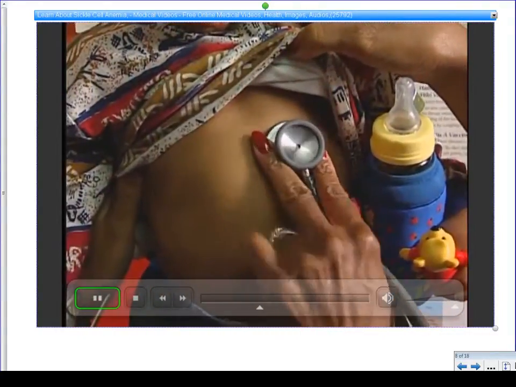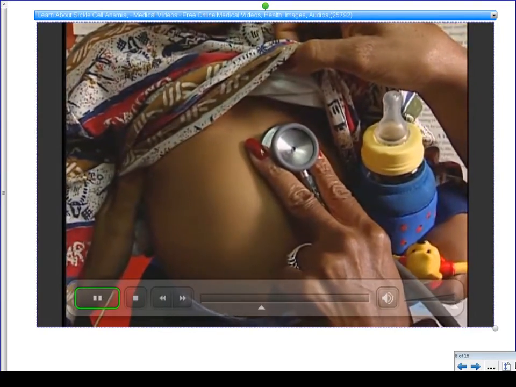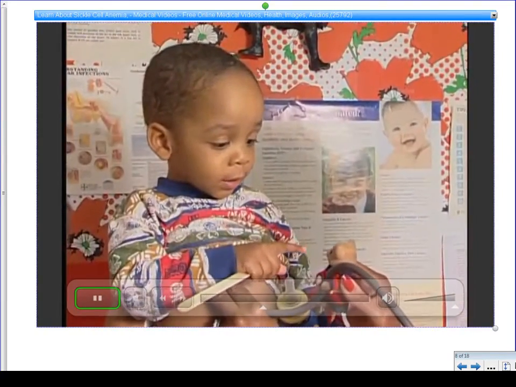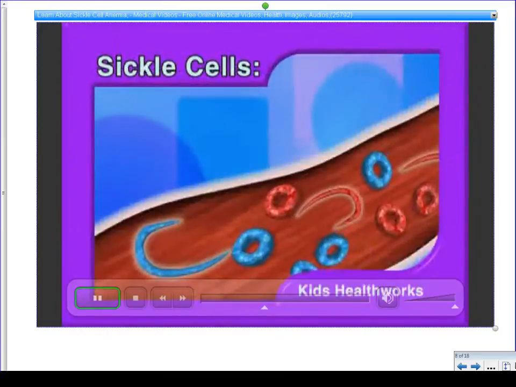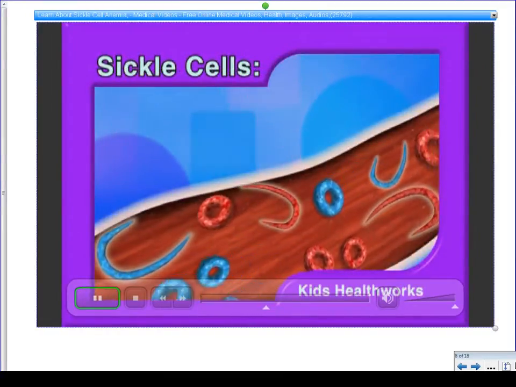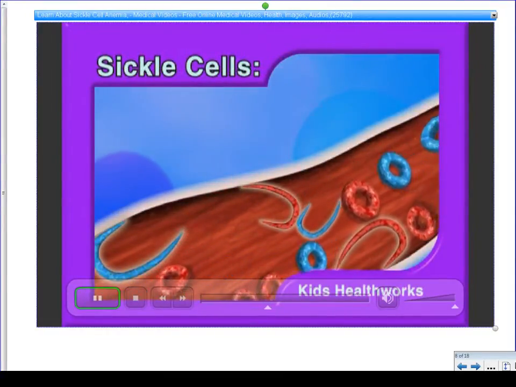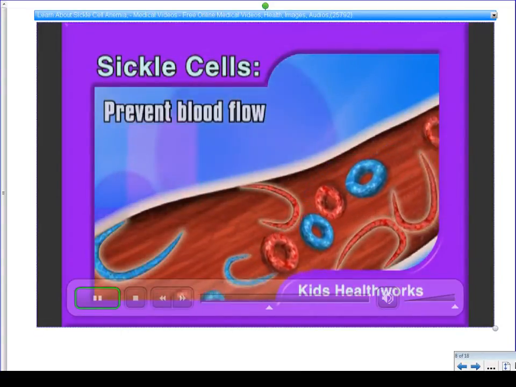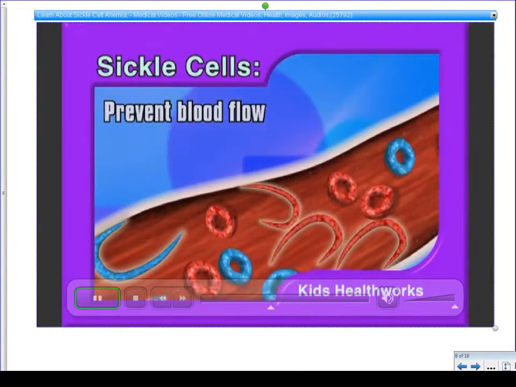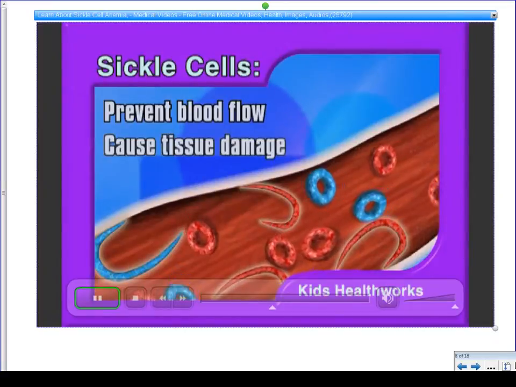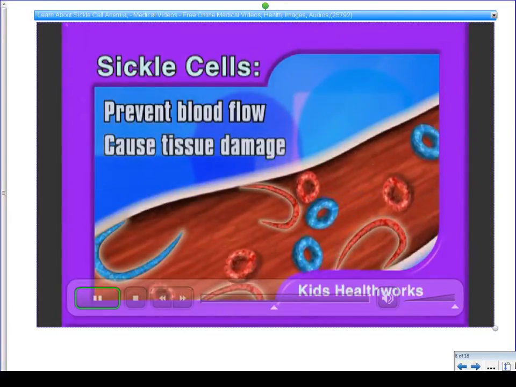She says when red blood cells become sickled or crescent-shaped, medical complications can occur. This most often happens when sickle-shaped cells block small blood vessels and prevent blood from traveling to all parts of the body. Tissue that does not receive normal blood flow eventually becomes damaged.